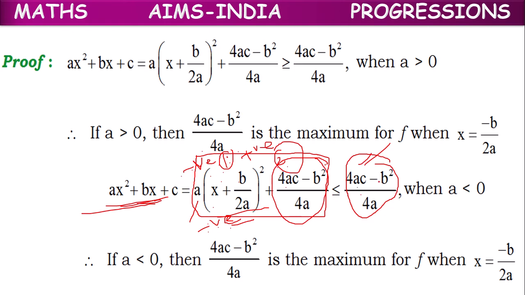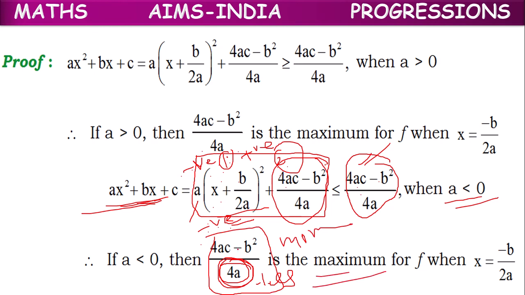Okay. Now, if a is negative, the value in the denominator will become less. If the numerator is divided by a less value denominator, then the total fraction value will be more or maximum.